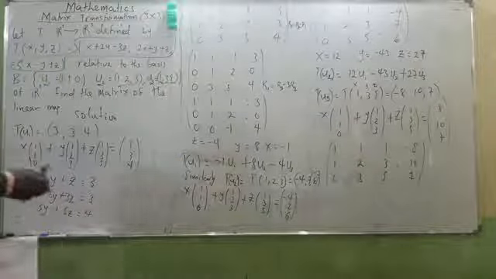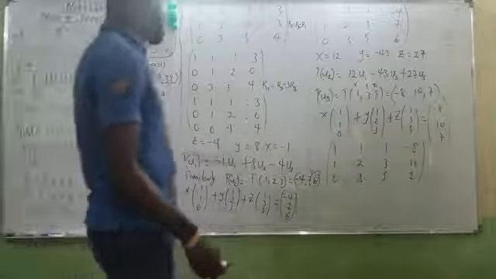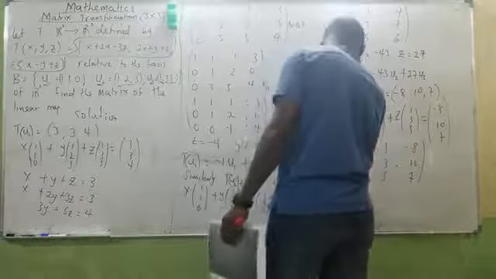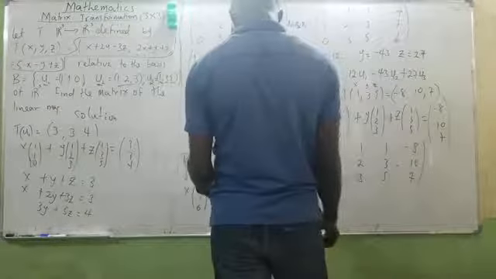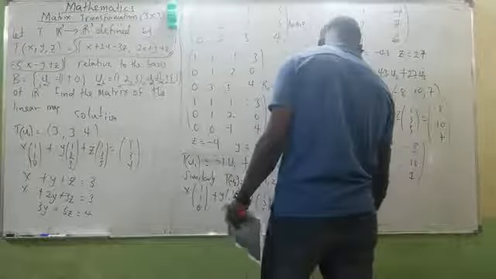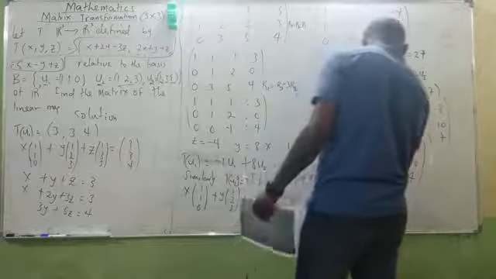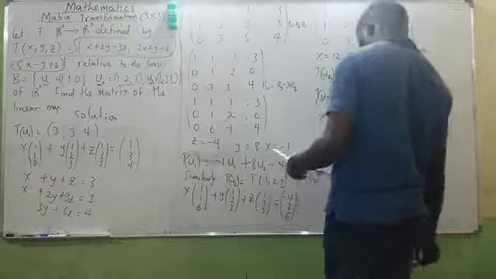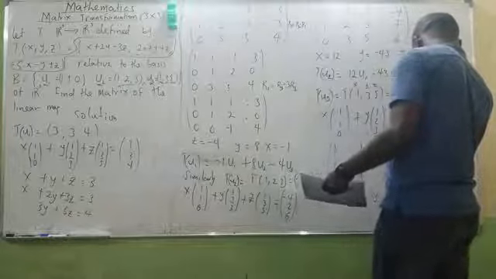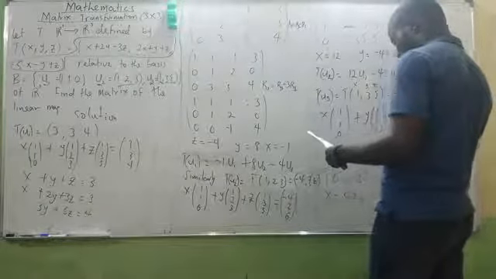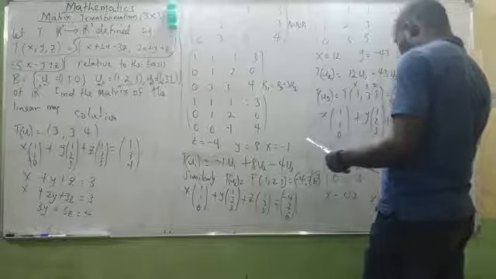Now, since I have that, by so doing this, I can now say that my x will be equals to, with what I've computed here, I have my x is 47, my y is minus 76, and my z is 21.